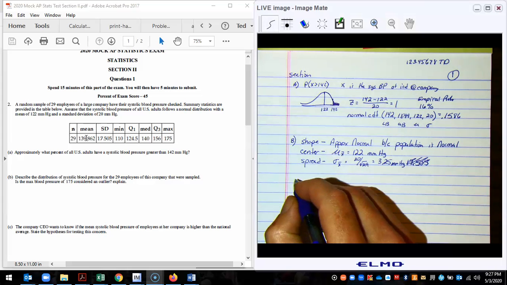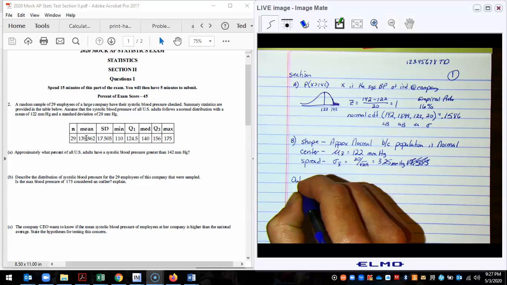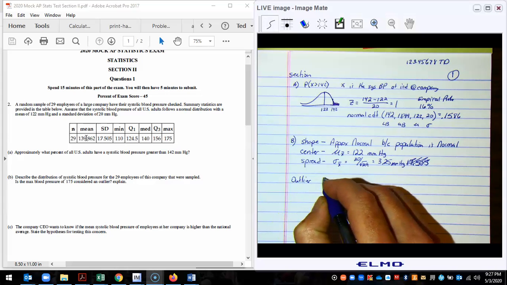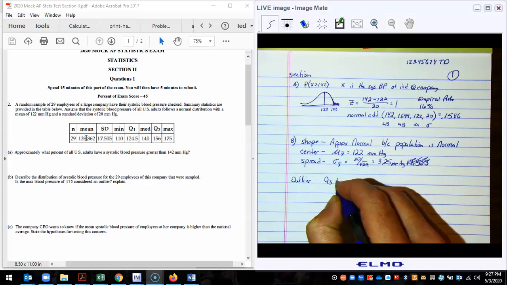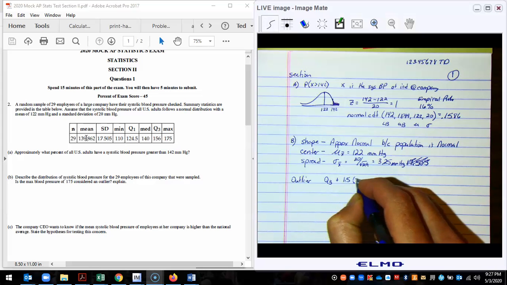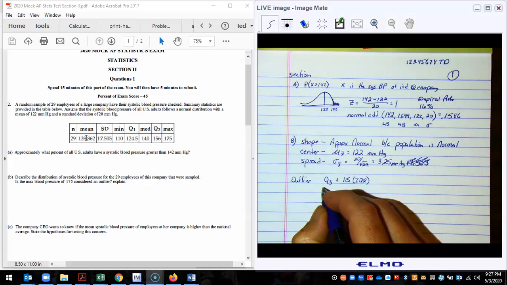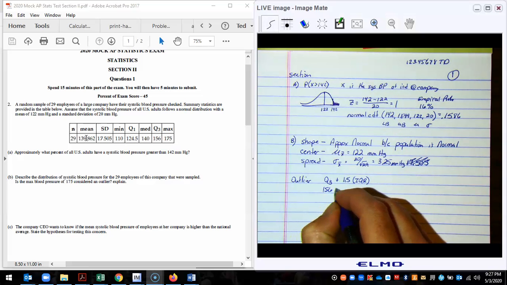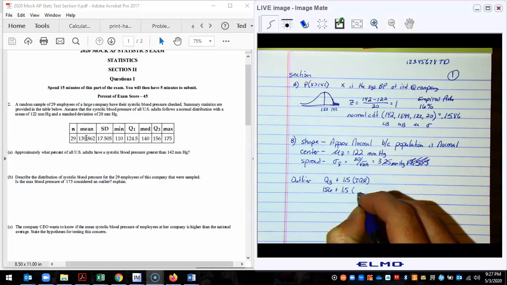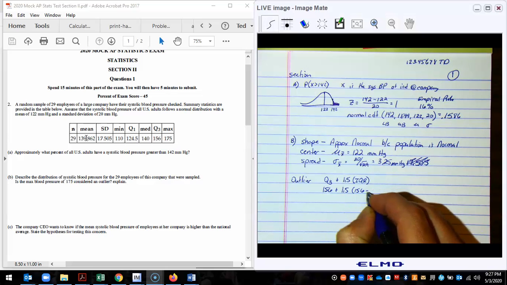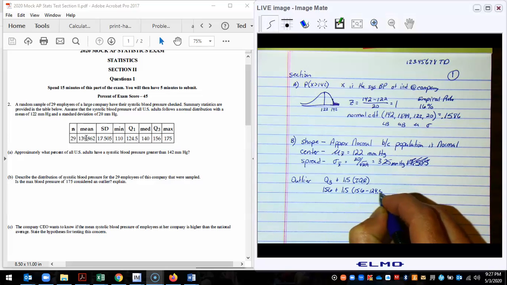Oh, then we also have to do the outlier. So remember, an upper fence is calculated by taking quartile 3 and adding on 1.5 interquartile ranges. Quartile 3 turned out to be 156 from that chart. My interquartile range is the difference between 156 and 124.5.